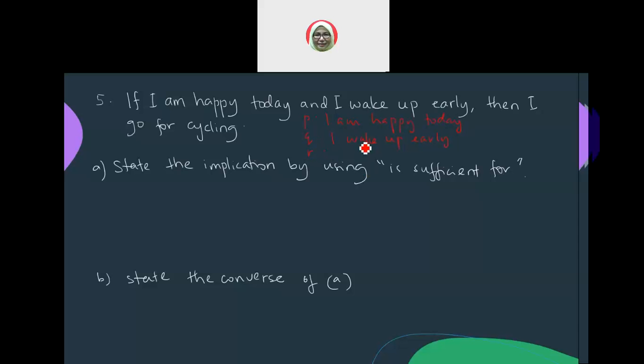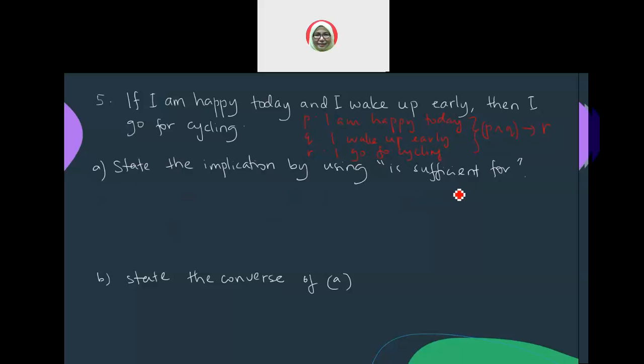R: I go for cycling. So the given statement in symbolic form is what? P and Q, you should put brackets, implies R. Okay, so now let's go to this.